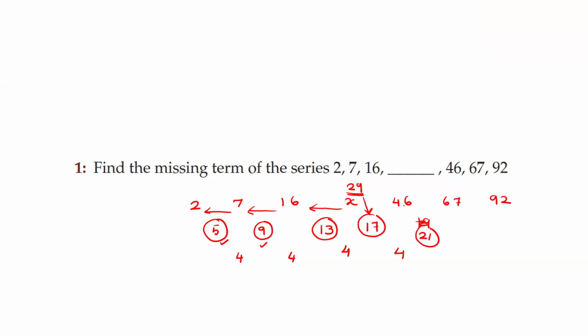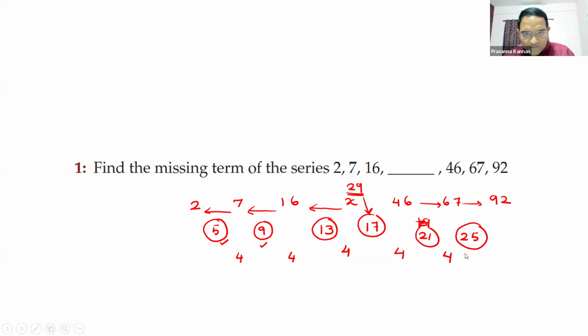So 46 plus 21 will be 67. 67 plus. Come on, what do you think is the next number? I need to add what? 25. 67 plus 25 is 92.